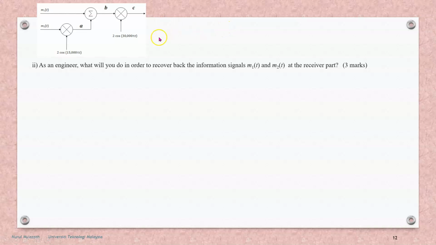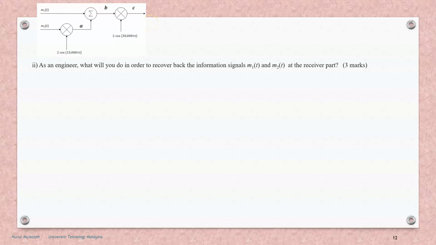This is based on your understanding of the modulation and demodulation process at the transmitter and receiver. Based on what I have taught you, in order to recover the original signal that you have transmitted, you need to demodulate with the same carrier signal.